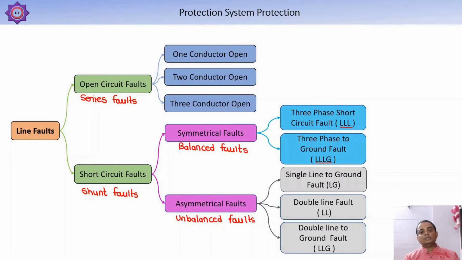If you talk about the severity of faults, the three-phase fault is most severe. But if it occurs at the terminal of a generator, then single line to ground fault is more severe.